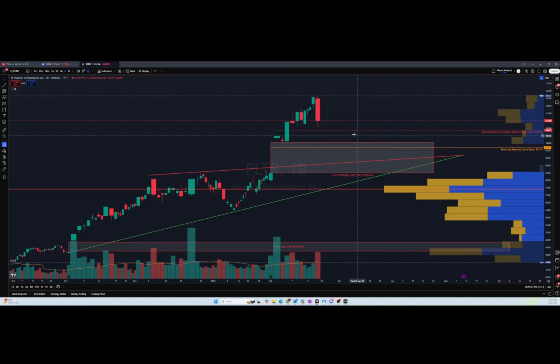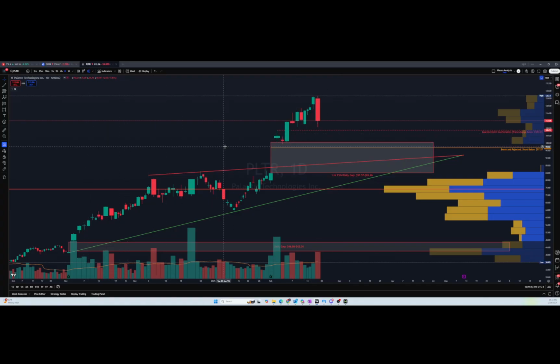So you can expect that if the price starts going below $105 or $100, which is right here, you'll probably see the price just fall and fill this gap right here. That's what I think will happen if the price starts going below.